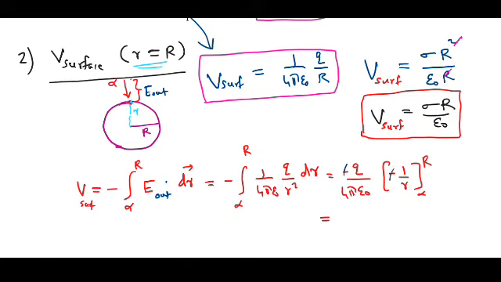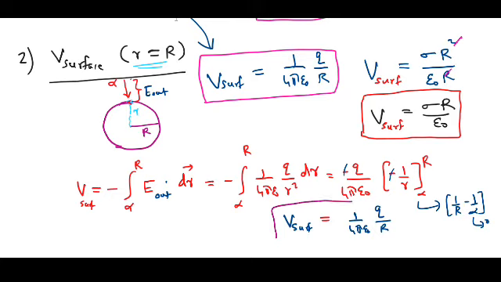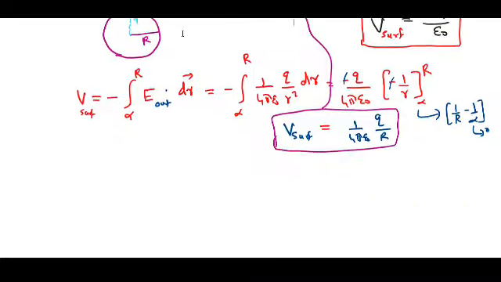Then this will be 1 by 4 pi epsilon 0 Q by R, because if you do this integration, this will be 1 by R minus 1 by infinity, and this term goes to 0. The V surface will get this form as the final one. This is exactly similar to this expression. Okay. Now let us calculate the electric field inside the spherical shell.